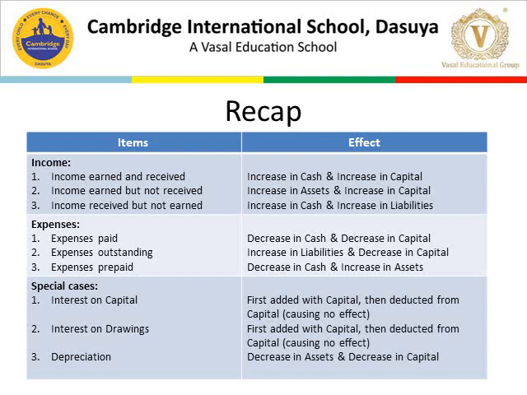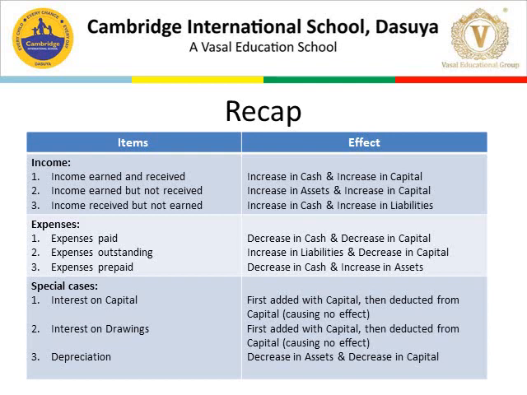Number three, income received but not earned. It means you have received some amount of income, but for that income you have done nothing. So what will be the effect in the accounting equation? It will increase your cash and increase your liability as well. So these are the three cases of incomes.